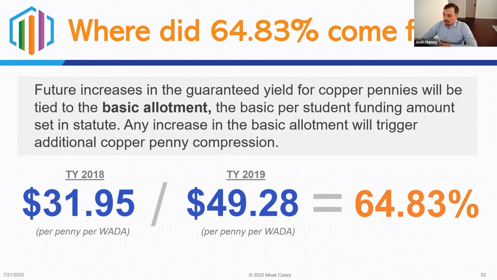Also, they can statutorily increase the yields, they have the option to do that, and that would also generate copper penny compression because then we just do this calculation all over again with 49.28 and then whatever the new copper penny yield was. And that compression percentage would be applied to your existing copper pennies.